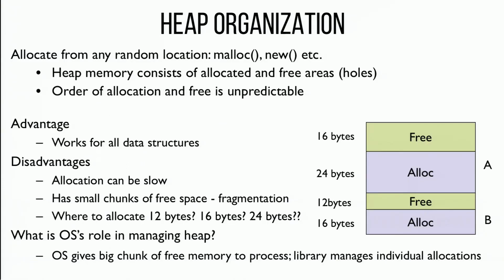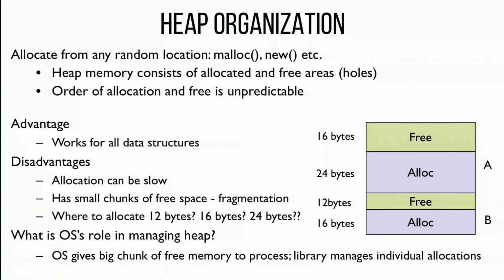OK, so that was the stack. Now our heap. We use the heap when a user process calls malloc or new or whatever your language provides. The idea of malloc on the heap is that you can allocate and free in random, arbitrary orders.